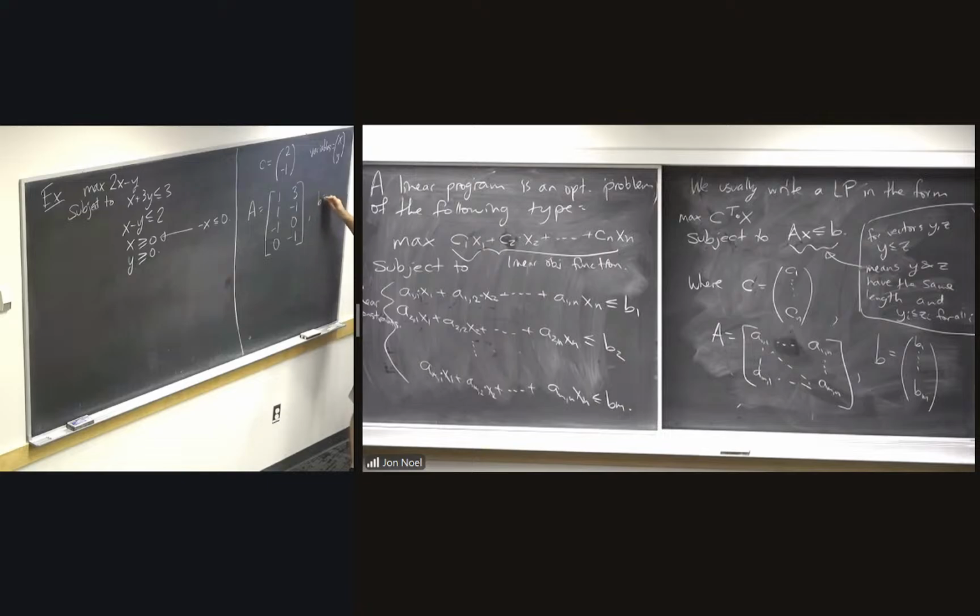And then b is going to be 3, 2, 0, 0. Okay. I feel like I'm going a little bit fast, but is it clear how this example breaks down, right? Okay.